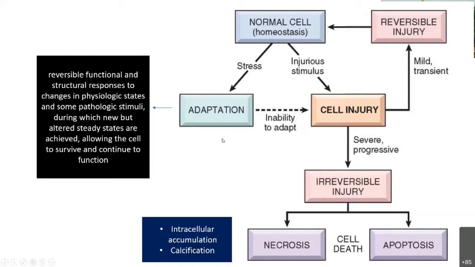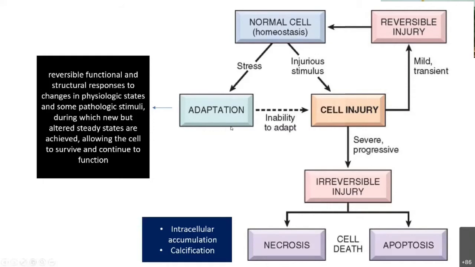So this is also a type of adaptation. And the last adaptation is metaplasia, in which one type of epithelium is changed into a different type of epithelium. Like in chronic smokers, we can see that the columnar epithelium of the airways changes to squamous epithelium. So this is called squamous metaplasia.